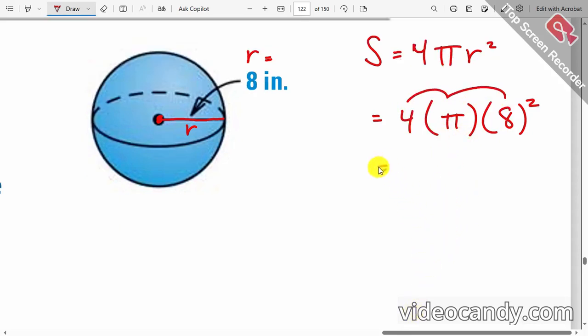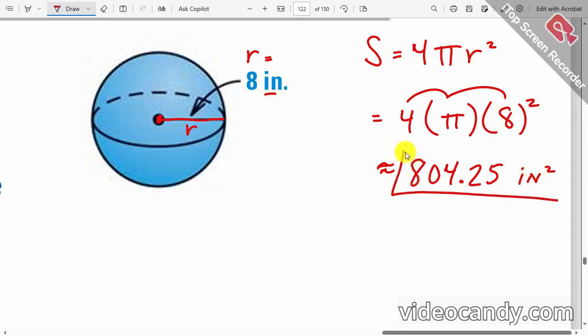Rounding off, I get 804.25. The units on the radius were in inches, but the radius was squared, so the inches would also get squared. If you wanted it in terms of pi, you would just do 4 times 8 squared and leave pi alone.